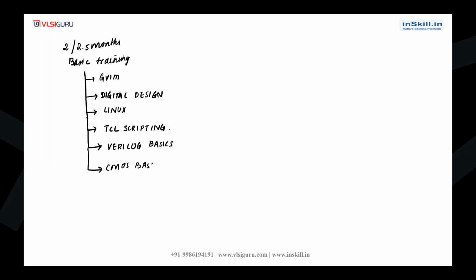All these things will be covered as part of your basic training. So GVIM, digital design, Linux, Tcl scripting, Verilog basics, and CMOS basics will be covered during the first 2 to 2.5 months.